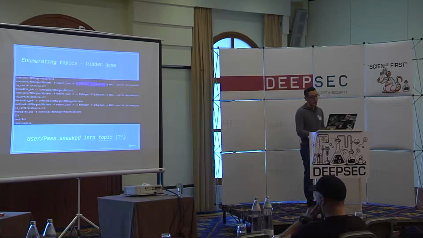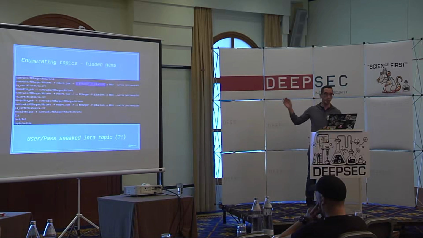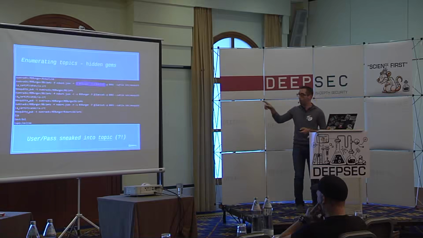Now, topics that are less common but are still gems that you can find. Those are all topics, not information from the topic, that's the topic name. In this example, I don't think you can see it because of the lights. Maybe someone can dim the lights, but I can read it out.